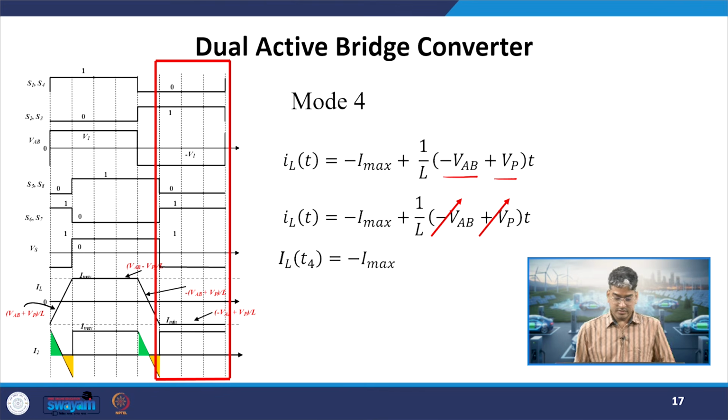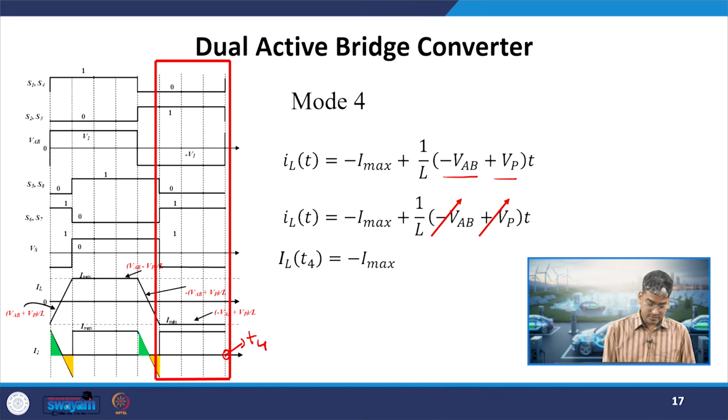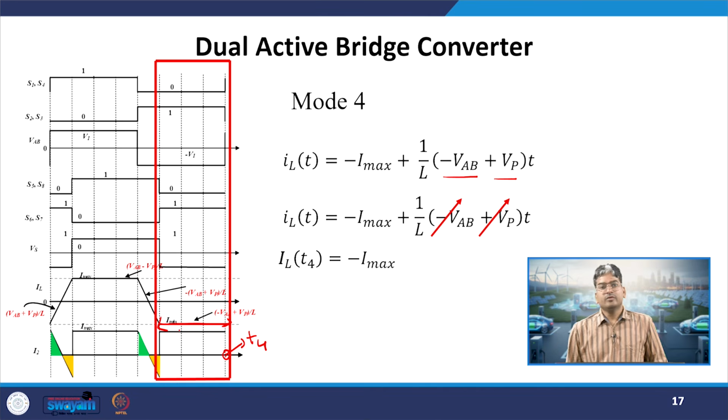So, they are cancelling each other, and at the end of the cycle, if I mark this point as T4, that is the end of my entire cycle, it will be equal to minus I max value. So, because it is maintaining constant for the entire mode 4.